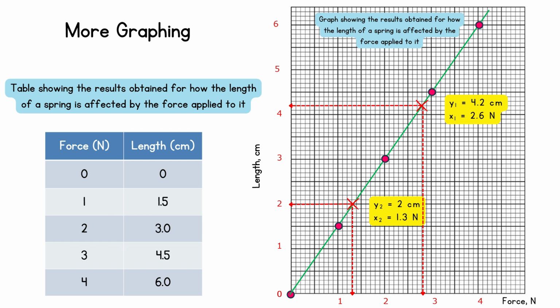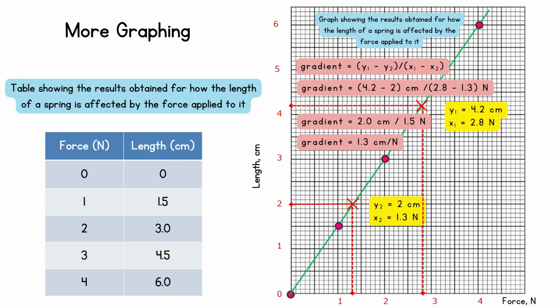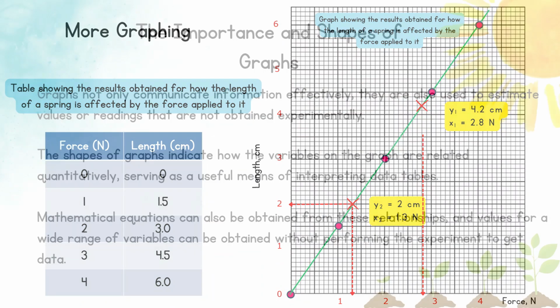The first point has a y coordinate of 4.2 centimeters and an x coordinate of 2.6 newtons, while the second point has a y coordinate of 2 centimeters and an x coordinate of 1.3 newtons. If we stick this into the equation for the slope, we actually get 1.3 centimeters per newton. It is very close to the original value.